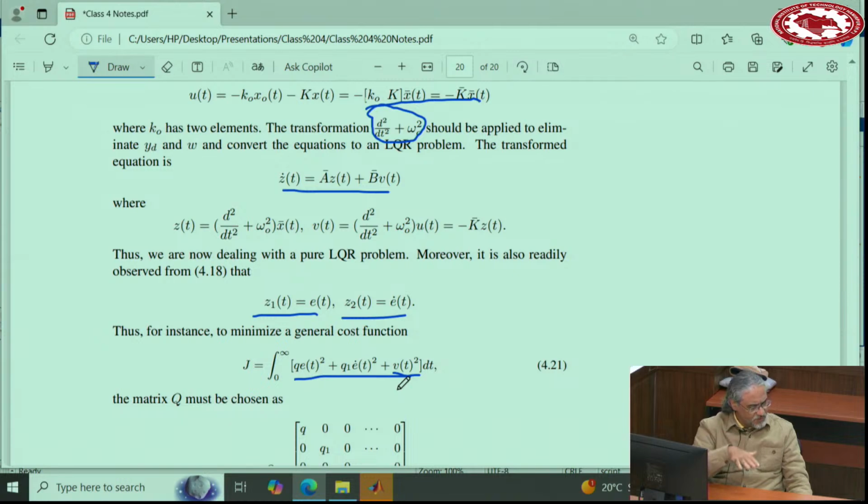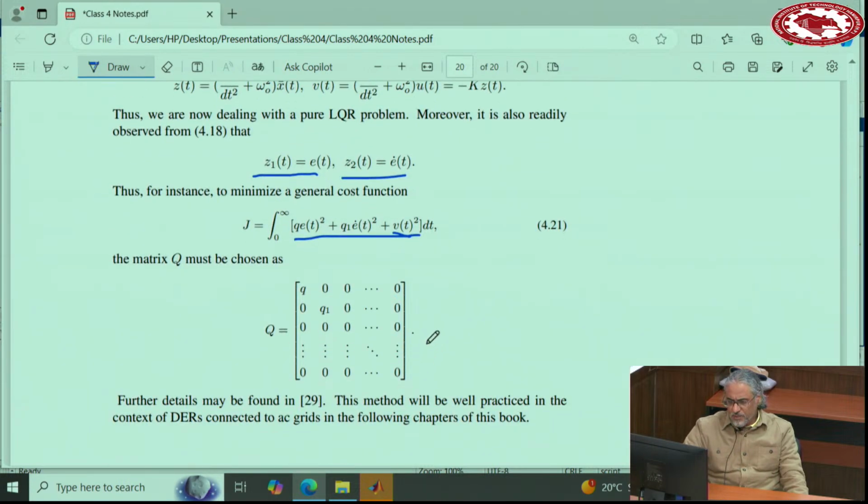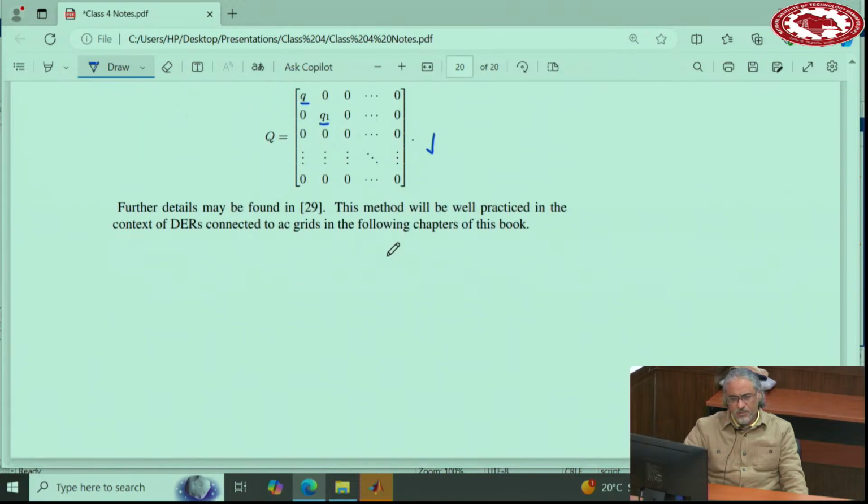So it minimizes the expenditure of the control, so to speak, in optimal control terminology, and it minimizes the energy loss in the state variables. So your Q now has two elements, this one and this one, q and q1, and your R is 1. You just go ahead and solve the LQR problem. Now you have two parameters to adjust, q and q1. In the previous case, you only had one q. Here you have q and q1.